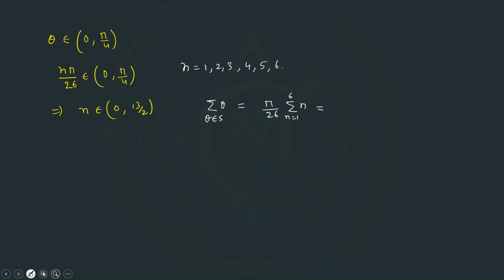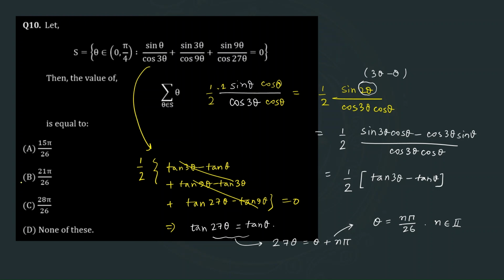So this will be equal to pi by 26 times 6 times 7 divided by 2. So this comes out to be 21 pi divided by 26. So the correct option for this question will be option number D, which is 21 pi by 26.